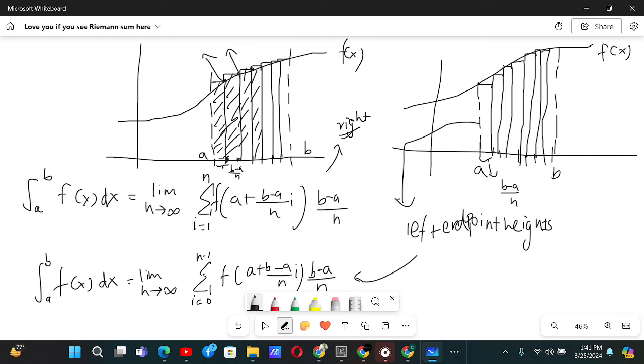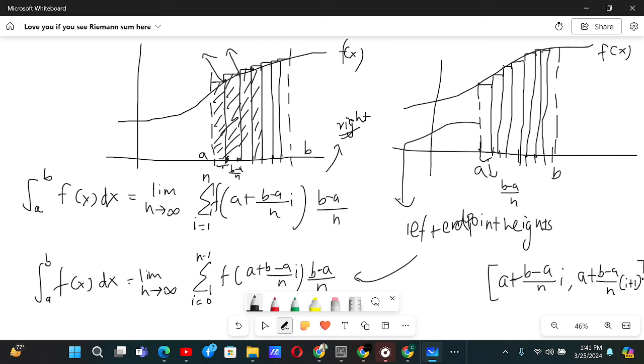And not just these, we can also consider any point in between these two. Let's say one of the points is a plus (b minus a) by n times i, and the other one is a plus (b minus a) by n times (i plus 1).